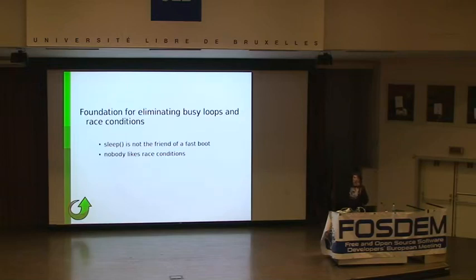You have an atomic status notification, and you can chain things off each other, and services can chain off each other. So you can effectively eliminate all the sleep statements, all the busy loops, and so on from your boot sequence. And by stating what the requirements of a particular service are, you can get rid of race conditions, which nobody likes.